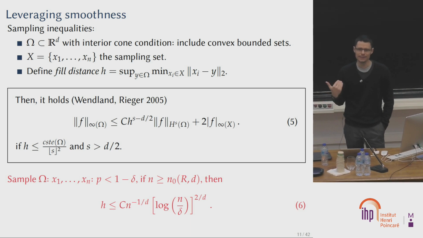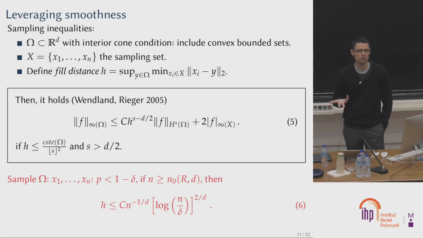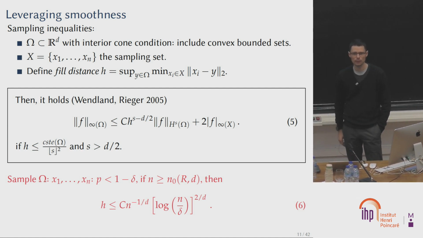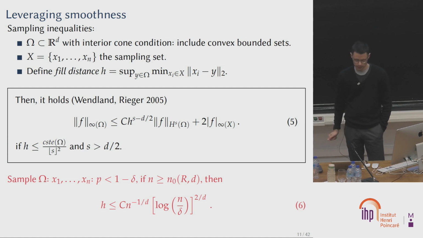And if instead of an inequality we had an equality, it would be much nicer, because you can use smoothness in order to get rid of the curse of dimensionality. So let me consider the following problem, which has been treated in the literature by, for instance, Wendland and Rieger.